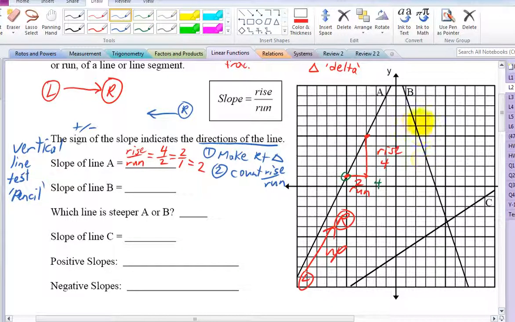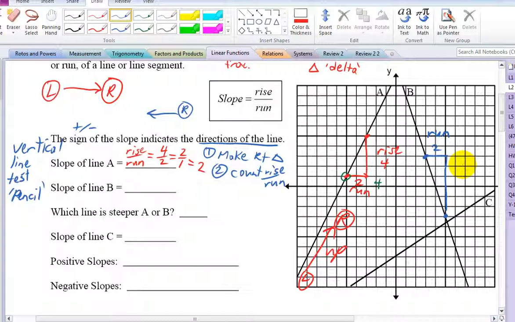Slope B, I have a point here, and I have a point down here. So now I'm going to go over until I'm on top of the point, and then go down. So my run is still positive, because I'm going to the right, it's positive 2. But how much do I rise? How many squares do I rise? And don't say 6.